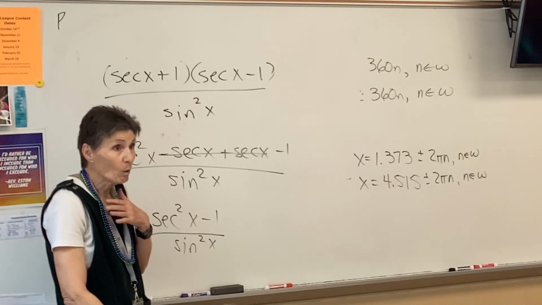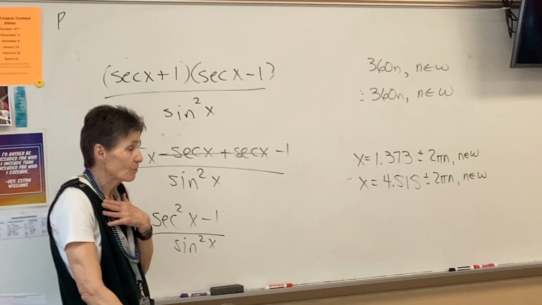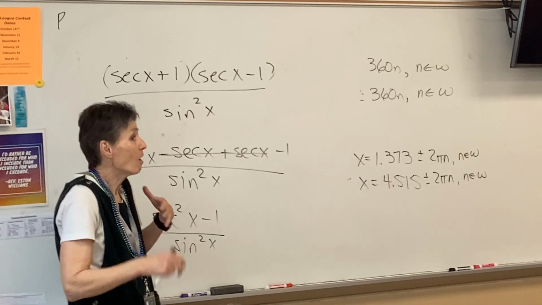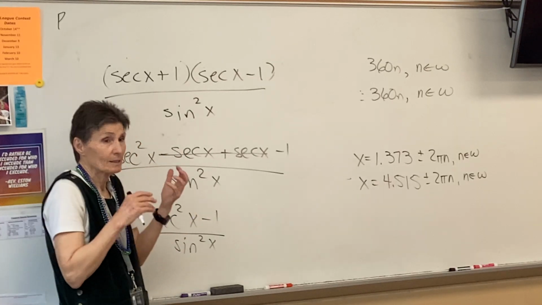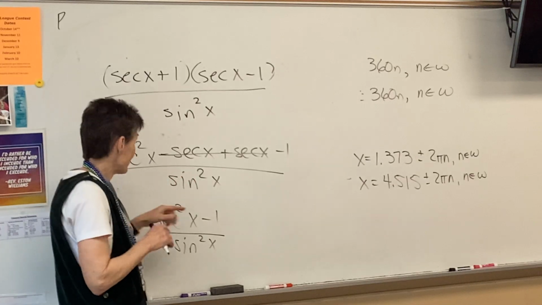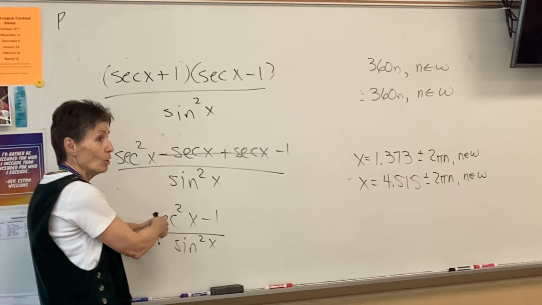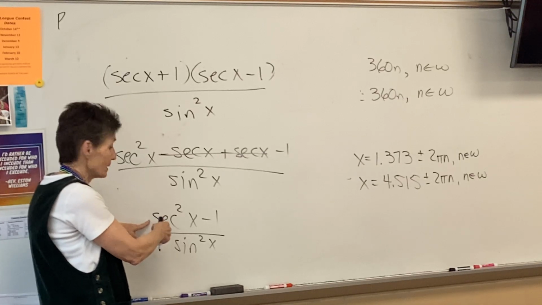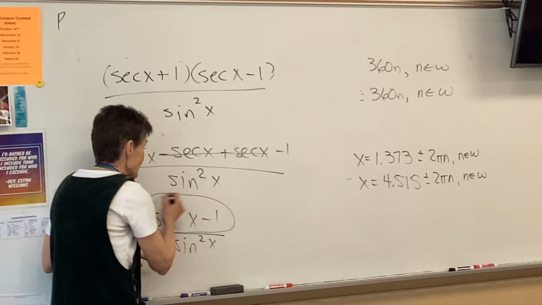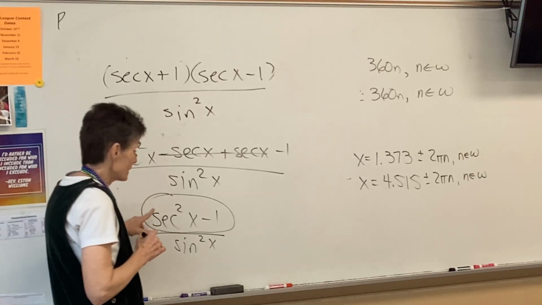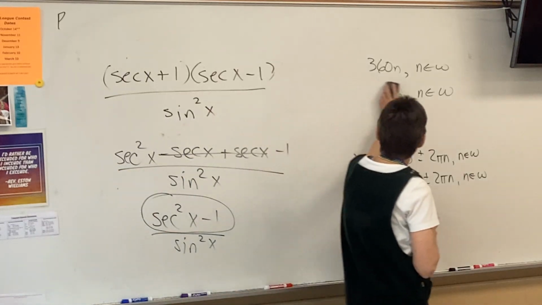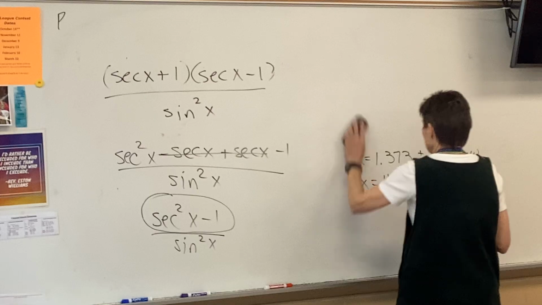Because I'm old, and I've done this for a long time, my heart is just singing right now, because that is something. Look on your reference sheet. Can anybody figure out what that is?